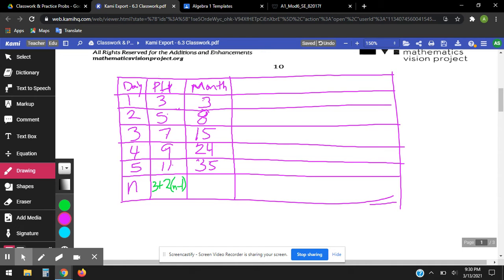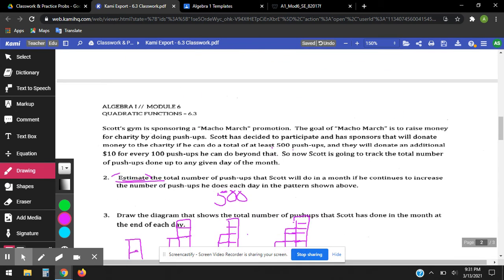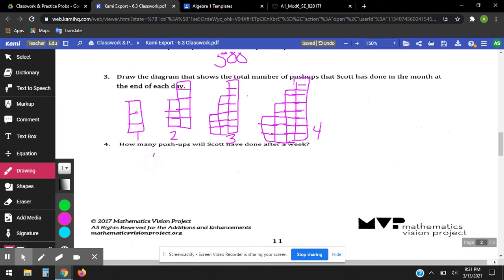So if we kept going and had 6 was 13, 7 was 15, it'd be 35 plus 13 is 48. 48 plus 15 is 63. So at the end of the week, go back down, you'll have done 63 push-ups.